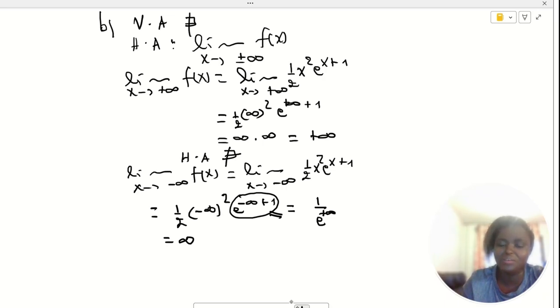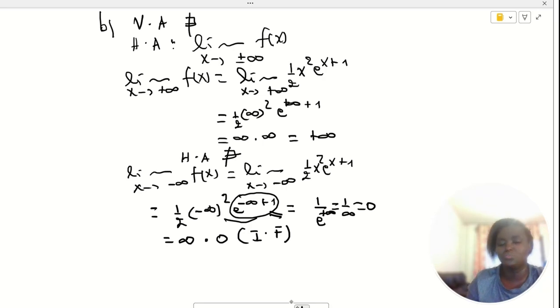So 1 over e power plus infinity is equal to 1 over plus infinity, which is equal to 0. So if we combine this and this one, then we will have infinity times 0, which is in the indeterminate form.